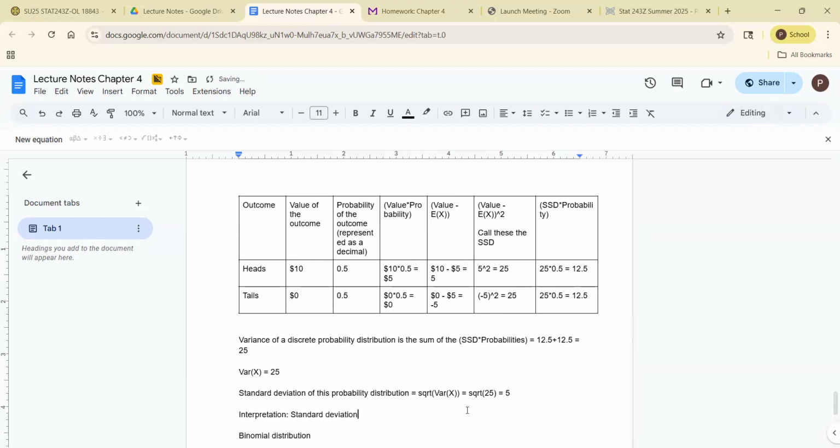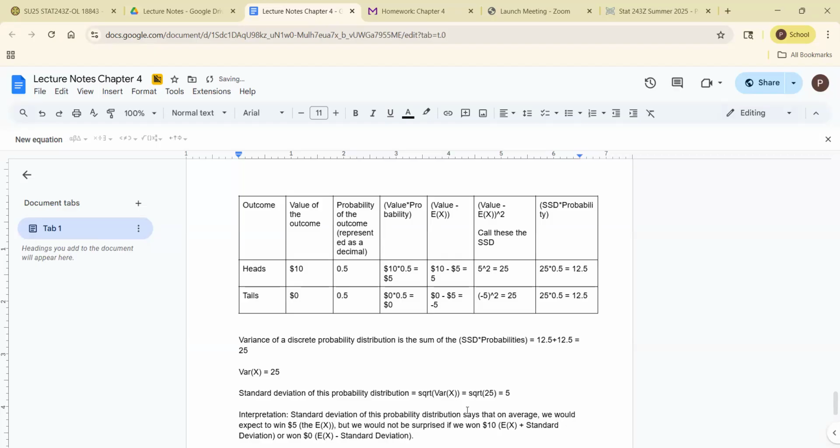Our interpretation, the standard deviation of this probability distribution says that on average, we would expect to win $5, the expected value of X, but we would not be surprised if we won $10, which is the expected value of X plus the standard deviation, or won $0, which is the expected value of X minus the standard deviation.